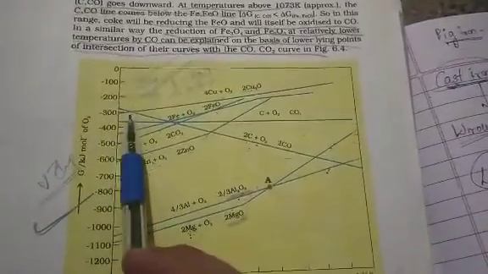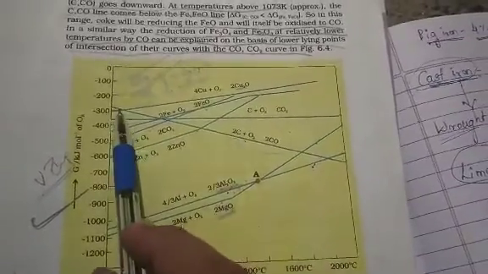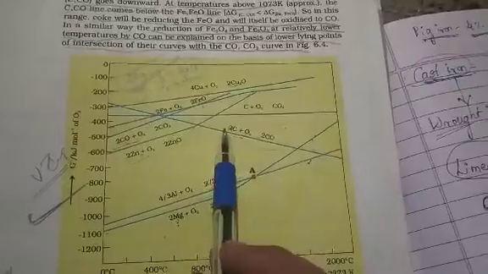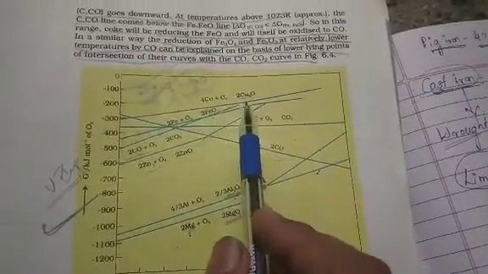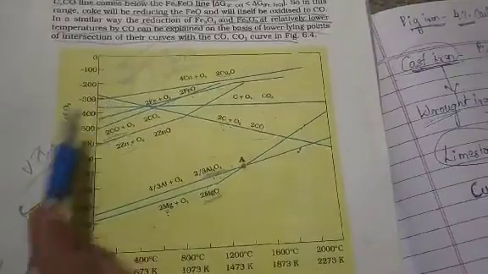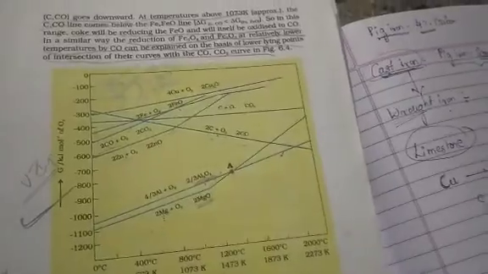But when we see the curve of copper and that of carbon, of course, the carbon to carbon monoxide curve is lying below the copper to copper oxide curve in the range of nearly greater than 500 to 600 Kelvin.